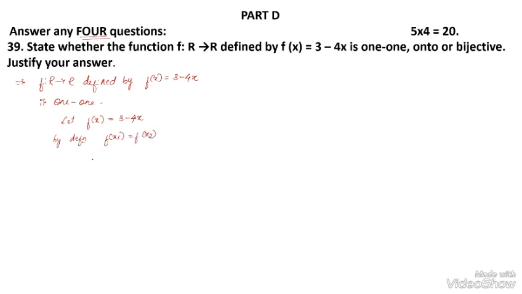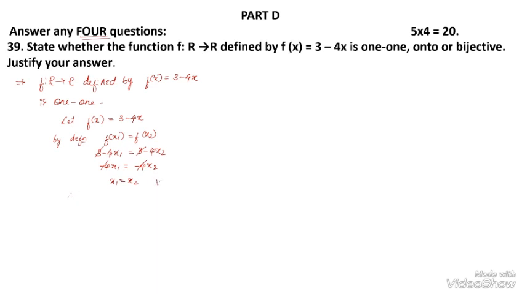What is f of x1? 3 minus 4x1 is equal to 3 minus 4x2. The 3 gets cancelled, so minus 4x1 is equal to minus 4x2. Now the minus 4 gets cancelled, so x1 is equal to x2.